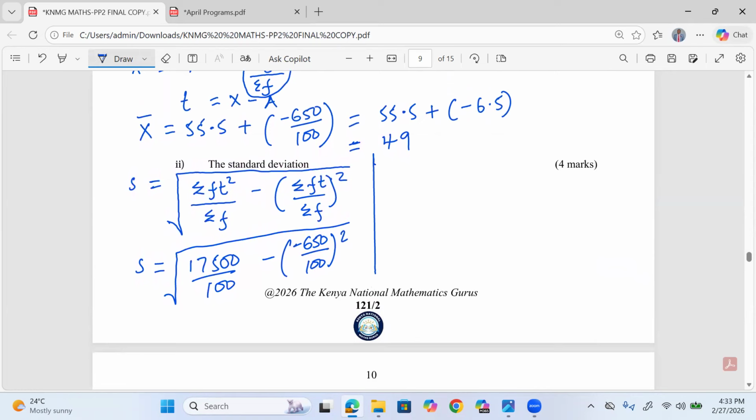This is 175 minus, when we take 6.5 and we square, I'm getting 42.25. So after taking the difference, I'm having the square root of 132.75. So our standard deviation is exactly 11.52.